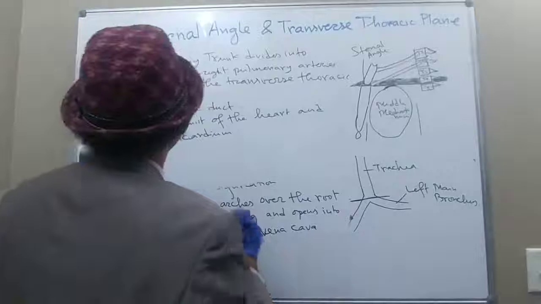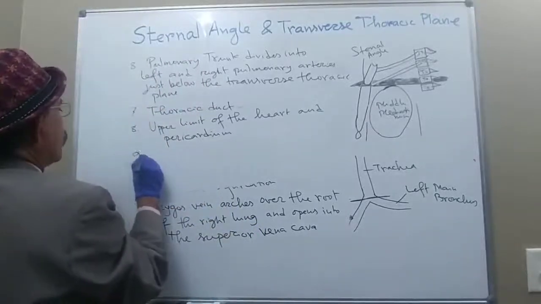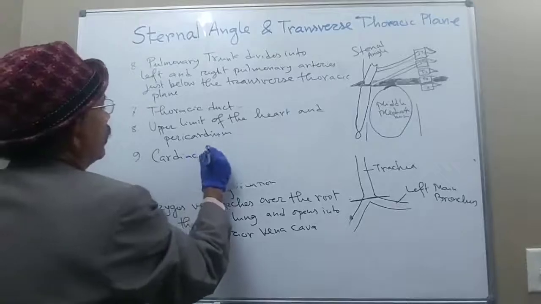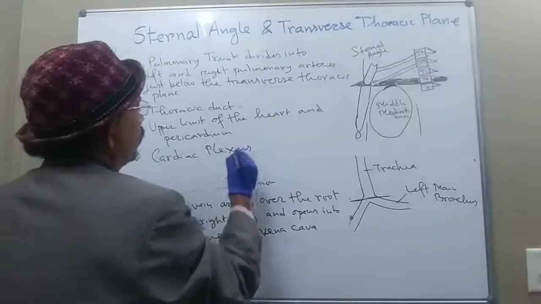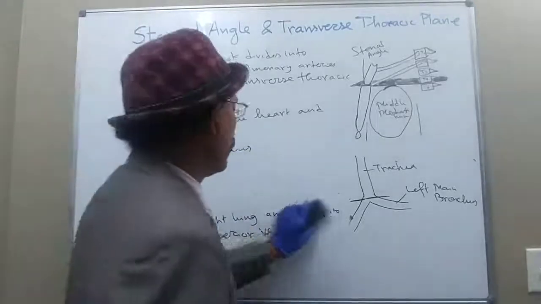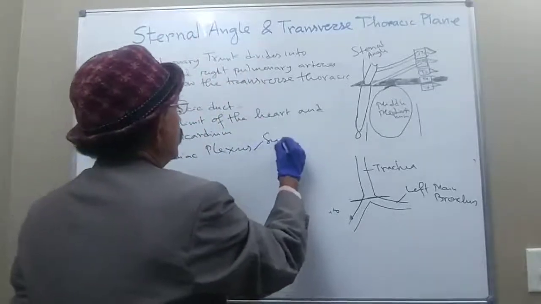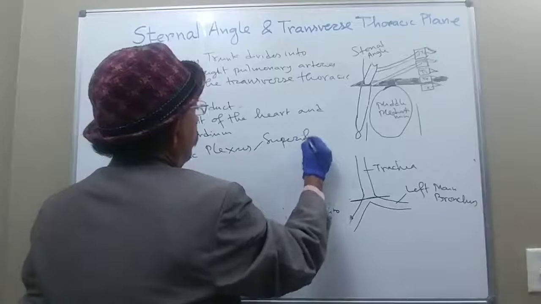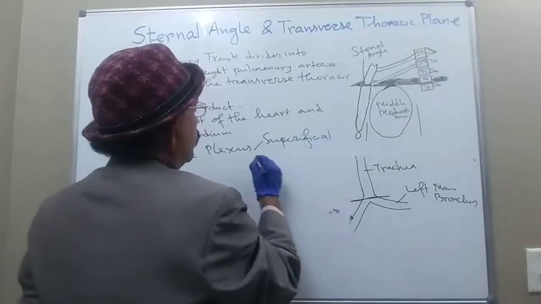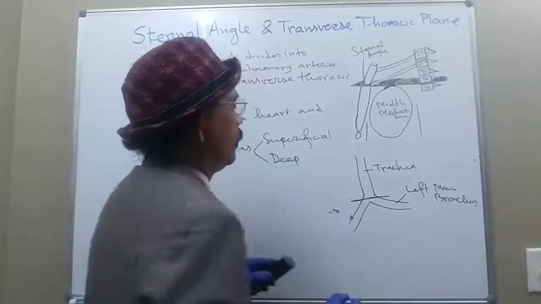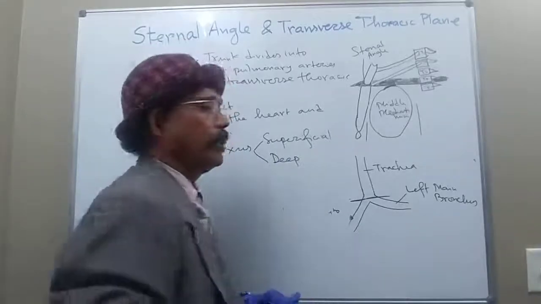Then we get the cardiac plexus at this level. We have the superficial cardiac plexus and deep cardiac plexus.